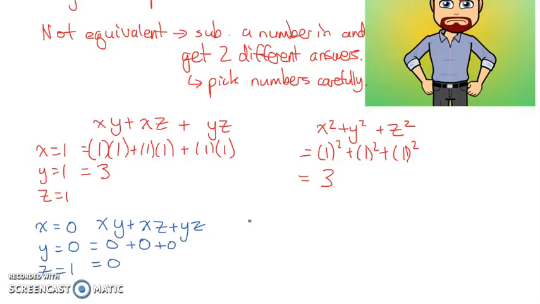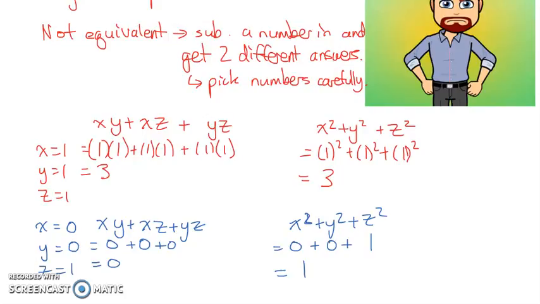And so you get an answer of 0. But in the other case of x squared plus y squared plus z squared, you would get 0 squared, which is 0, 0 squared, which is 0, and z squared, which is 1. And so you have two different answers based on what value you pick.